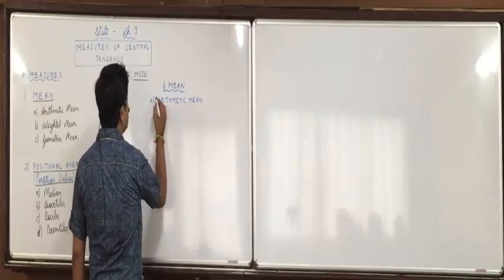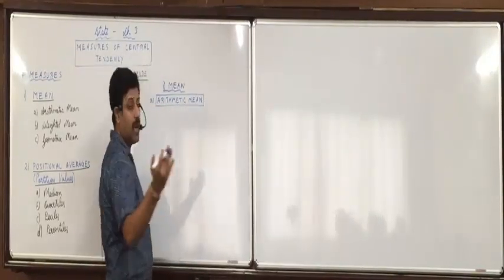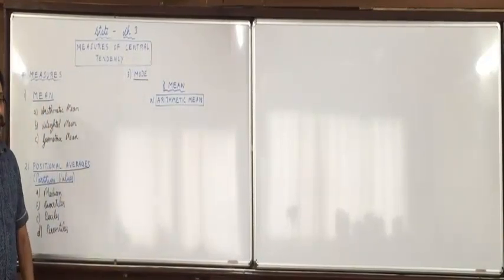See, arithmetic mean means sum of observations divided by number of observations. Repeat. Sum of observations divided by number of observations. Sum means total. SUM. Okay, not SOME, sum. Sum means total. Total of observations divided by number of observations.